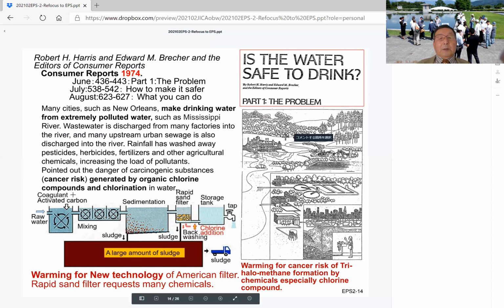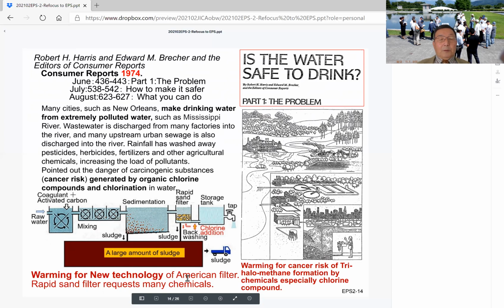In that case, they use many chemicals, so many pollutants pass through this process. And cancer is generated by organic chlorine compounds and chlorination in water. This is very famous, very warning.